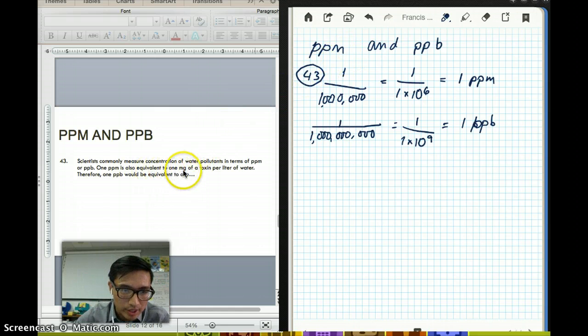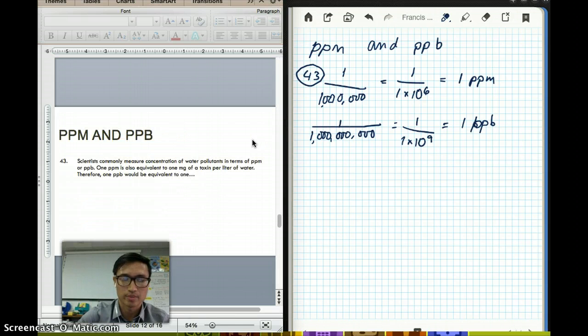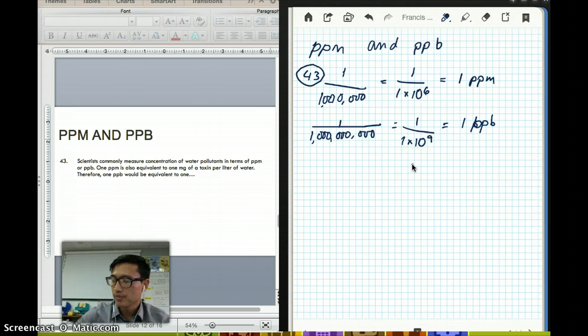So if we look over here, 1 milligram of toxin per liter of water is the equivalent of 1 part per million. Oops, I think I skipped back and forth in my PowerPoint. All right, so if this one is equal to 1 milligram per liter, what is the 1 part per billion going to equal? All right, so 1 milligram per liter, how could we put that?